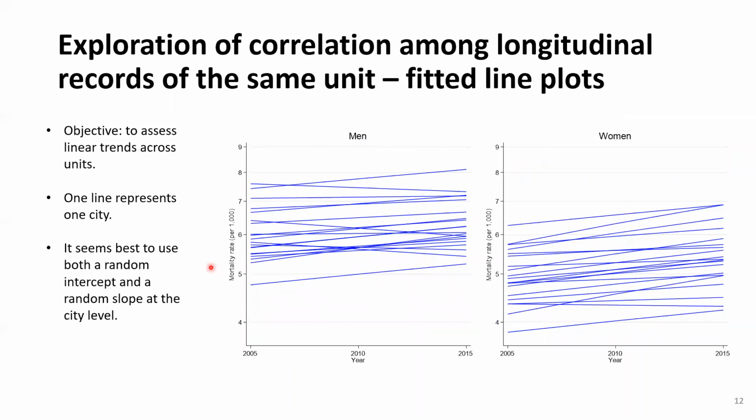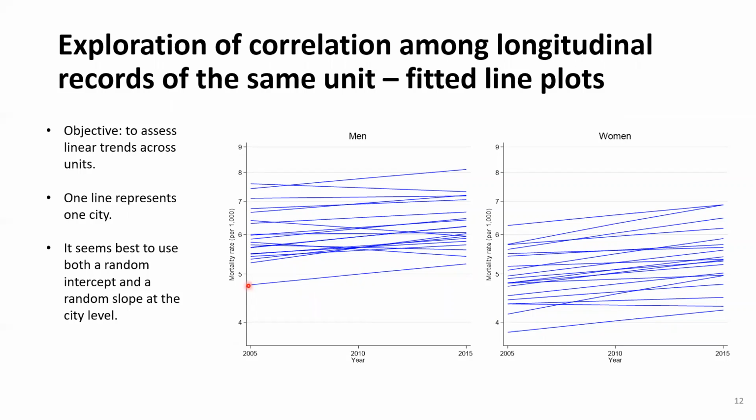So I superimpose all these linear trends into one graph. And I think the trends are different by city. As I mentioned, sometimes they are increasing, sometimes they are decreasing.